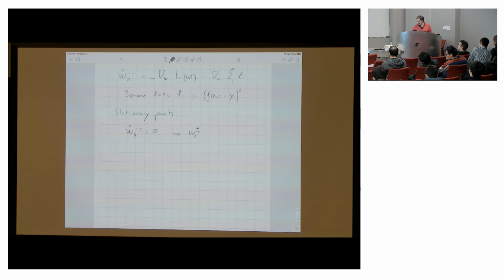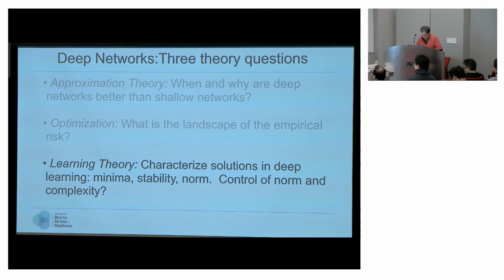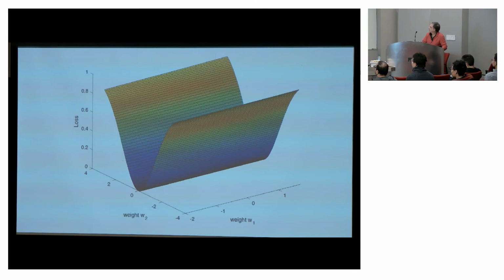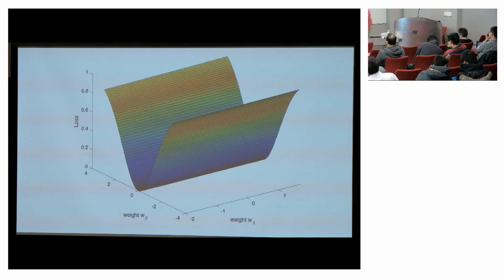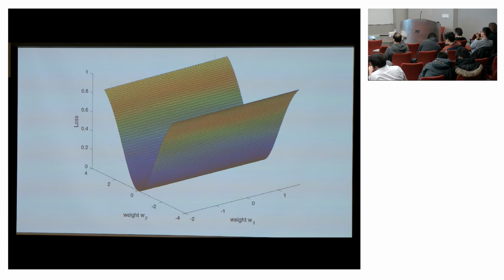And here is an example, for instance, for the square loss of what could happen in over-parameterized deep networks.